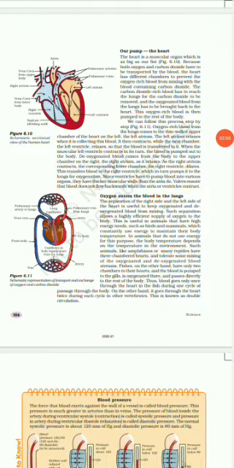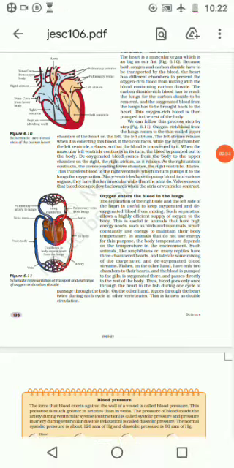Oxygen rich blood comes from the lungs and enters the heart, and then from the heart it goes to all the body. Then deoxygenated blood enters the heart and goes into the lungs for purification.